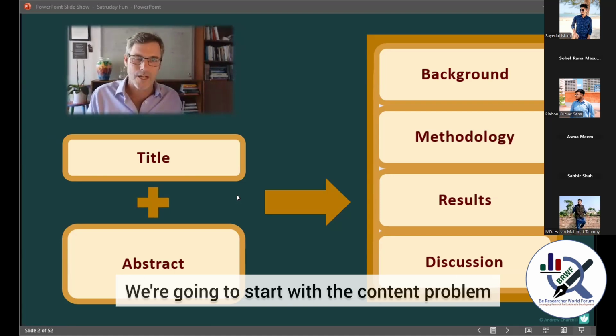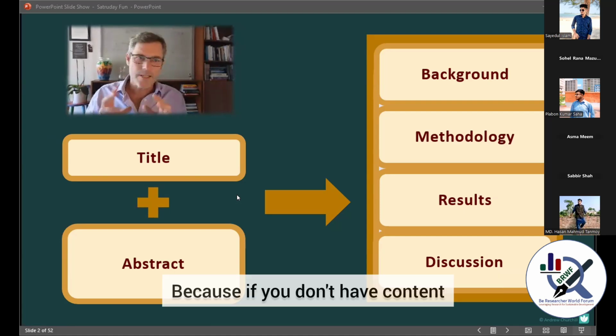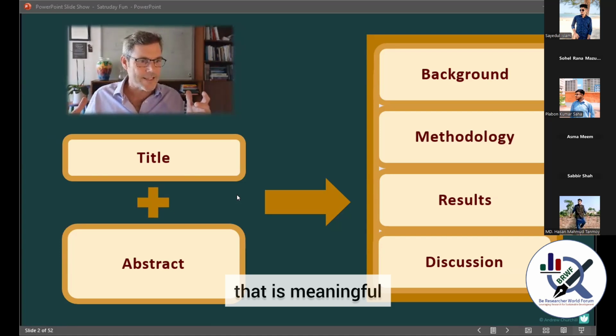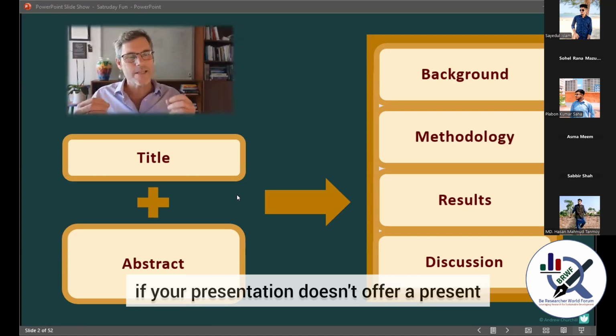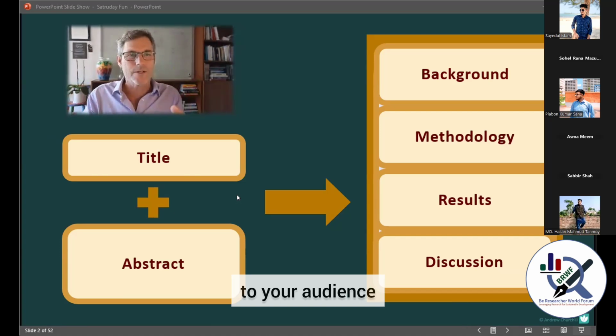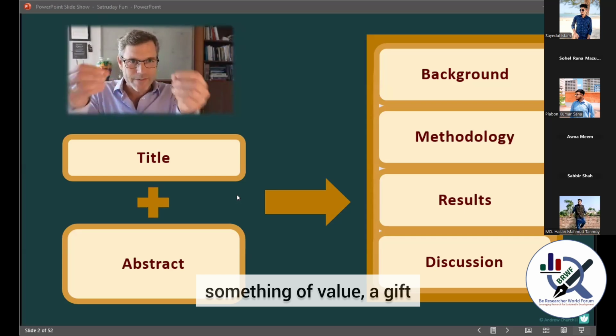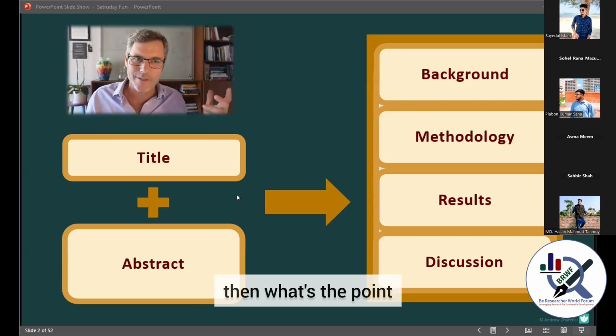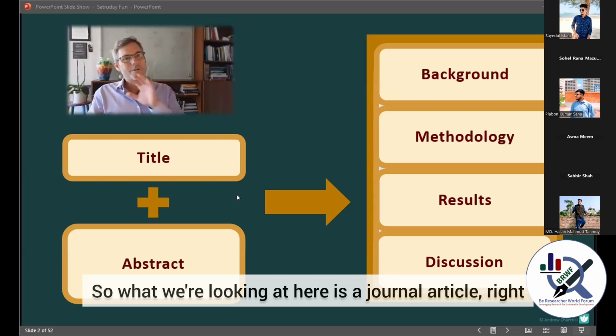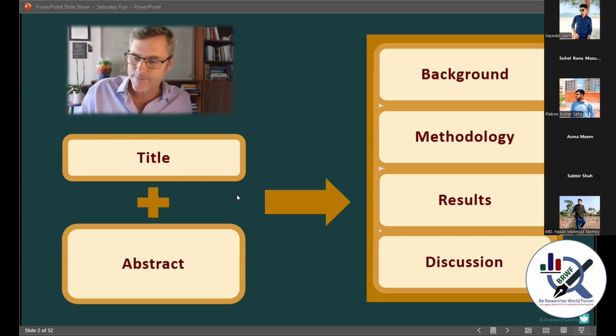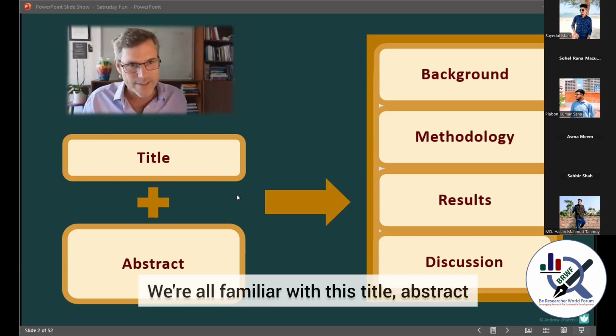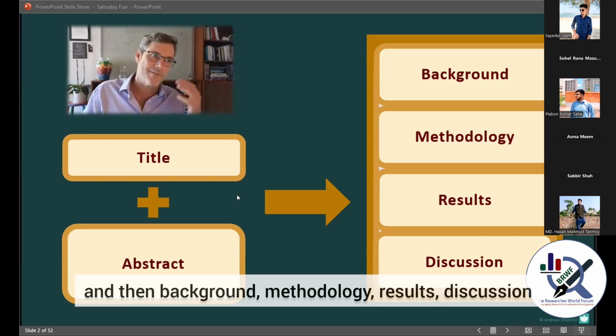So we're going to start with the content problem, because if your presentation doesn't offer your audience something of value, a gift, then what's the point? What we're looking at here is a journal article. We're all familiar with this: title, abstract, and then background, methodology, results, discussion.